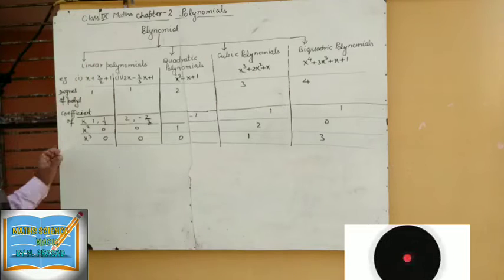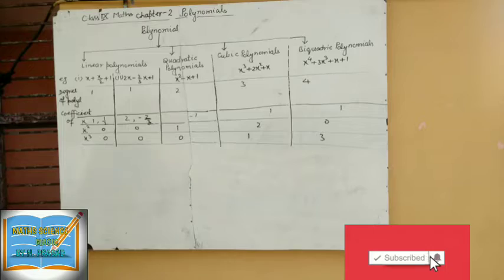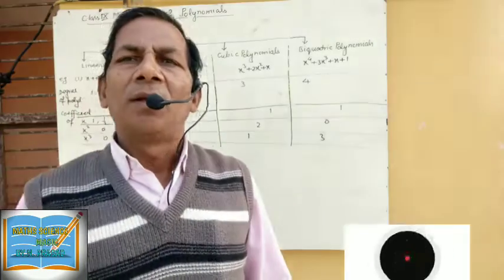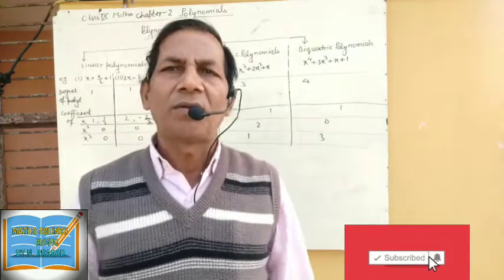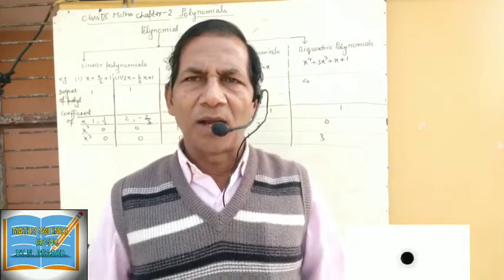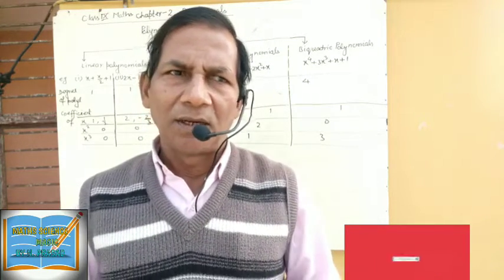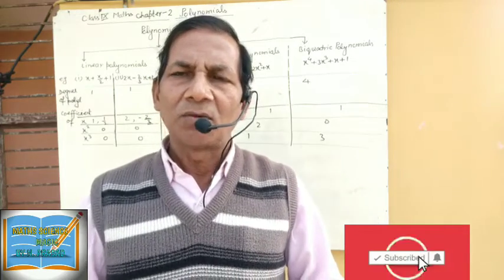Okay. The coefficient of the polynomials. If a coefficient is asked, then the variable will be given. You may be asked the coefficient of x square, coefficient of x cube. The number which is multiplied to the variable is the coefficient.